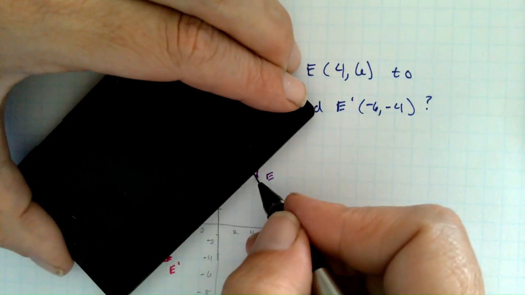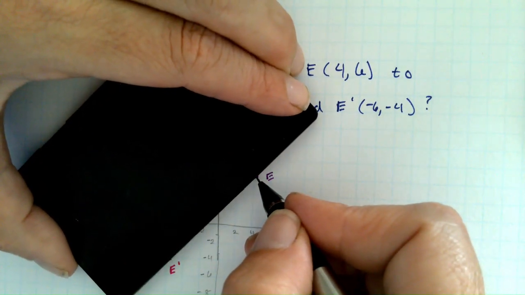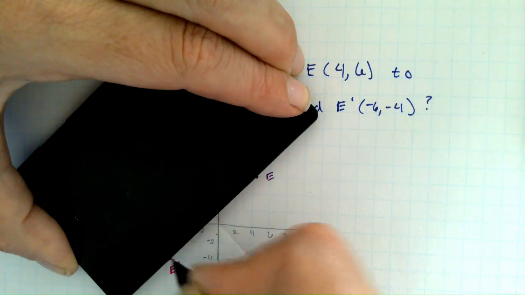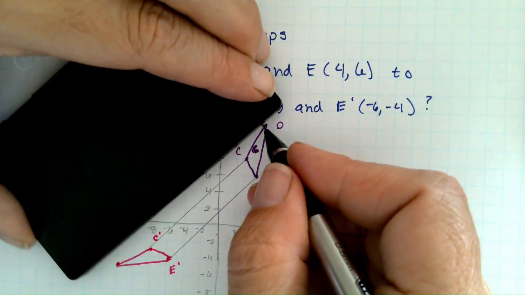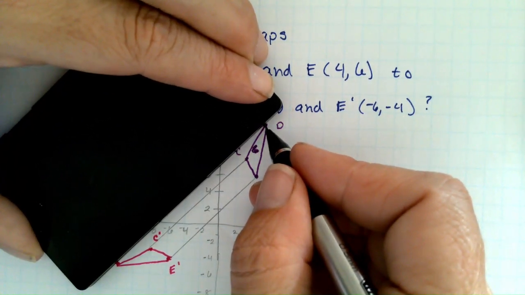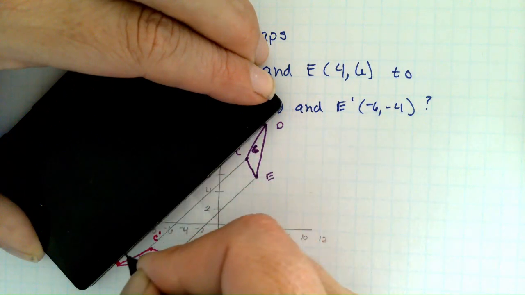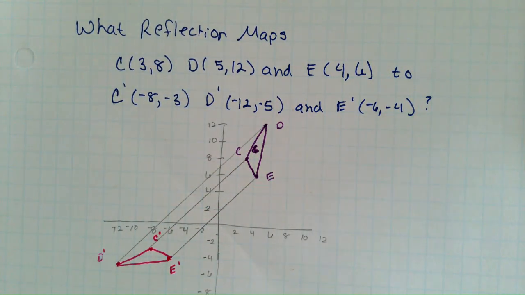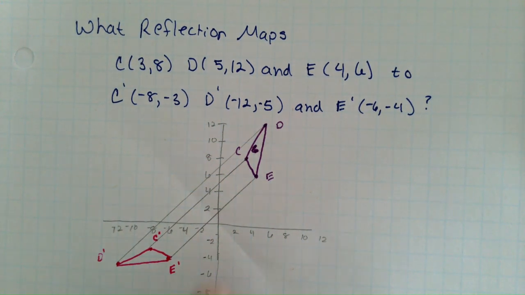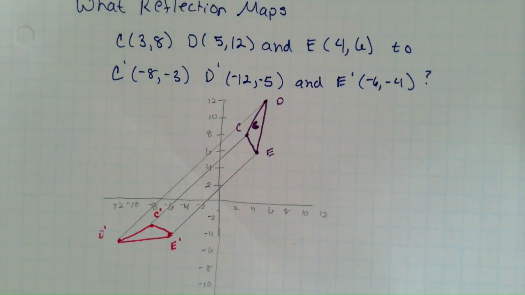We have a straight line from E to E, and a straight line from D to D. You'll notice these lines are parallel, and they should be, because they should all three be perpendicular to this line. So we're going to have to come up with the equation of the line. It's going to be a reflection over the line, and we have to tell it the line.